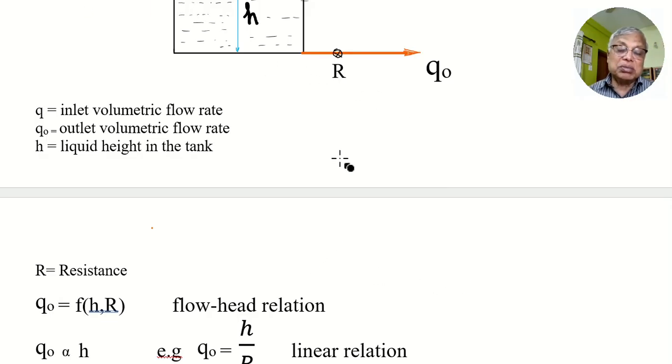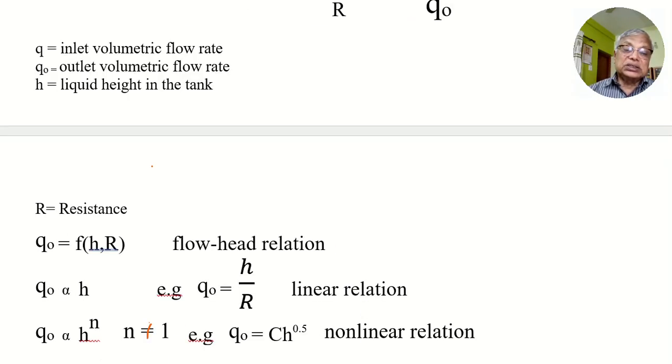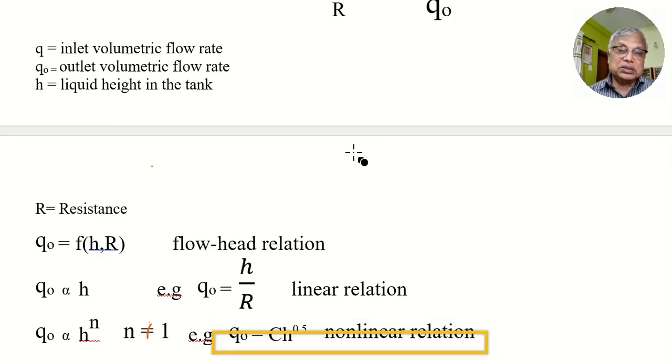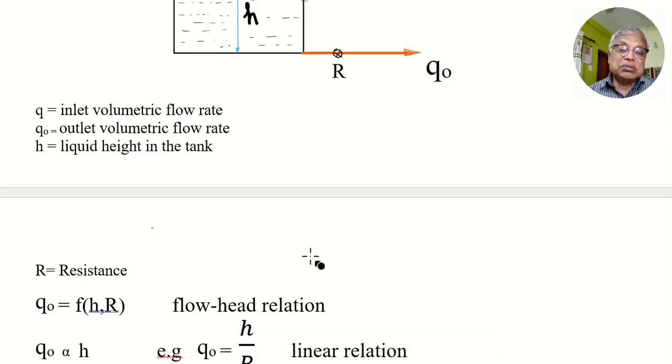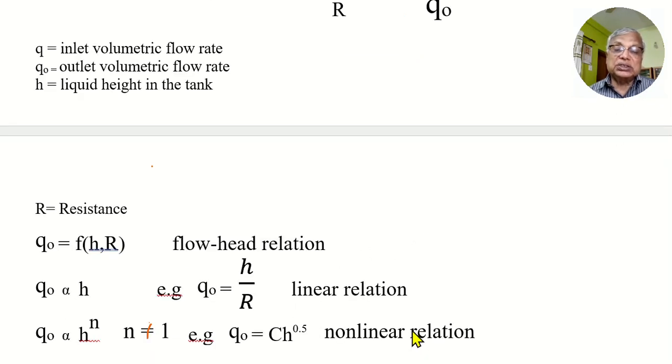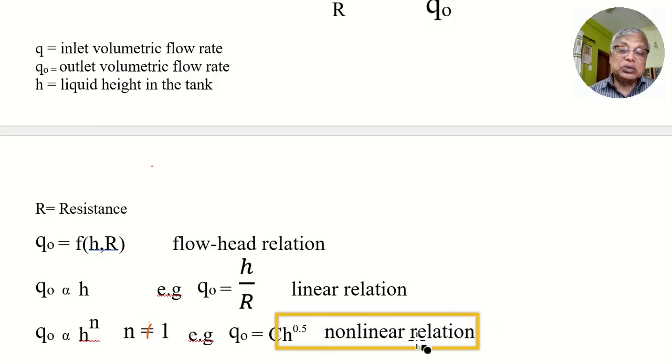They can be derived by making a material balance. In case the flow head relation is non-linear, it may not be possible to derive the transfer function. You need some modification of this non-linear relation.